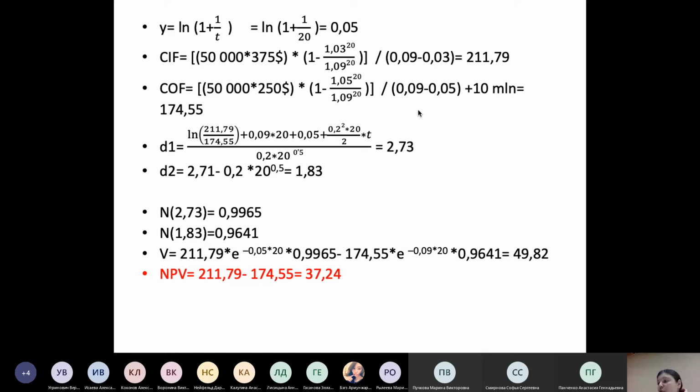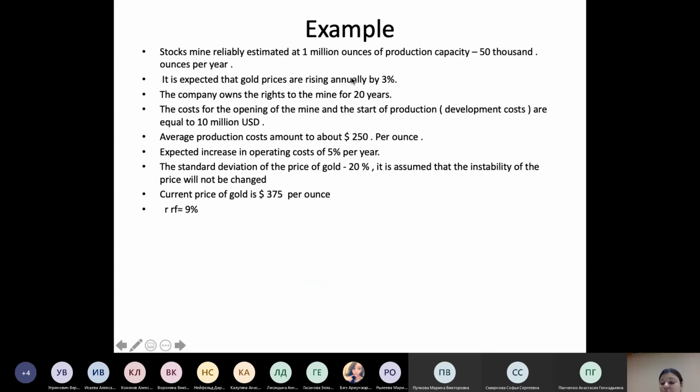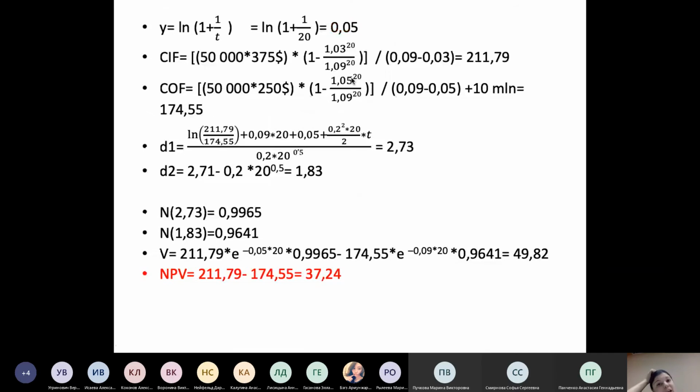It's a standard formula of corporate finance. Multiply by 1 minus (1 plus our growth) to the extent 20, divided by (1 plus our risk-free rate, 9%) to the extent 20, and divided by our cost of capital minus our growth.